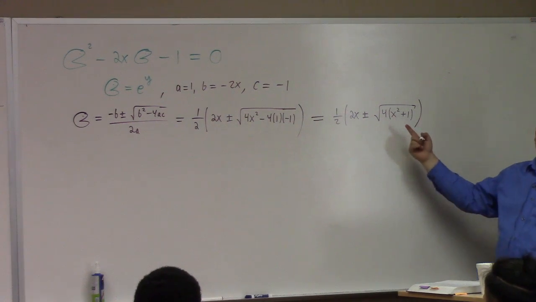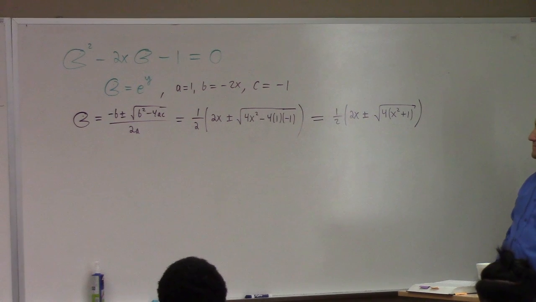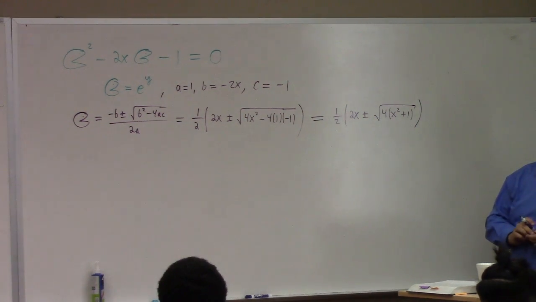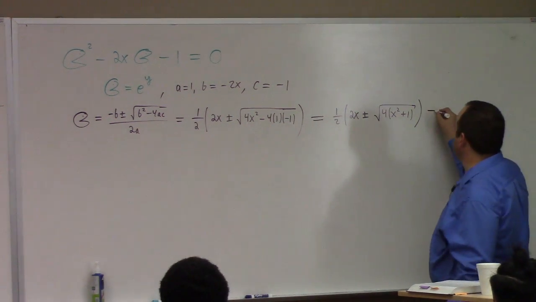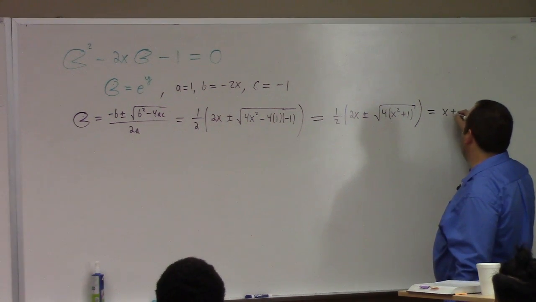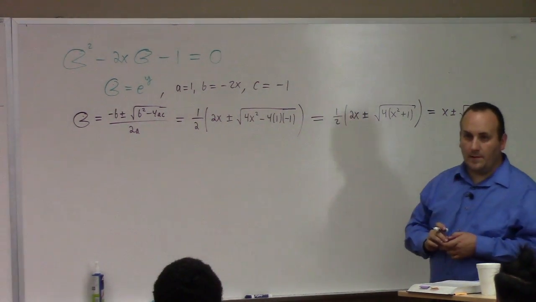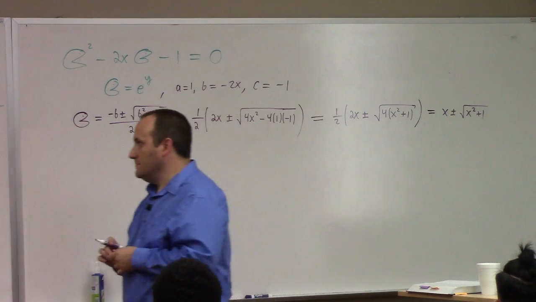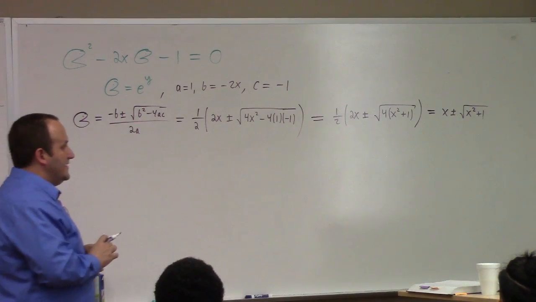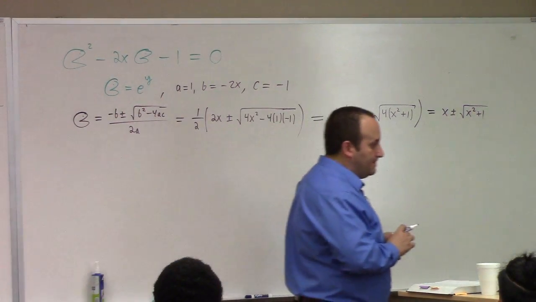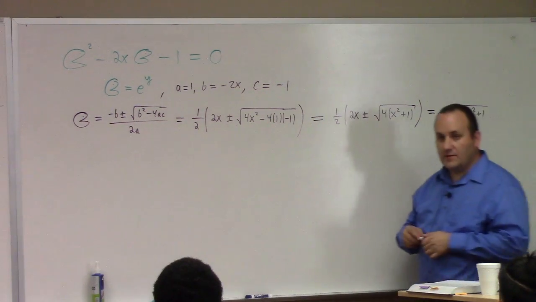That will pull out to become a 2. So this is exactly x plus or minus the square root of x squared plus 1. And that's equal to what? Pac-Man. What was Pac-Man? e to the y.